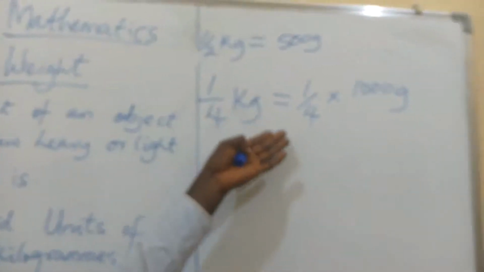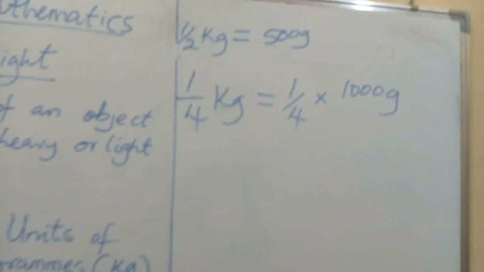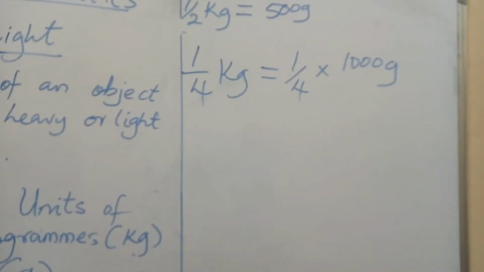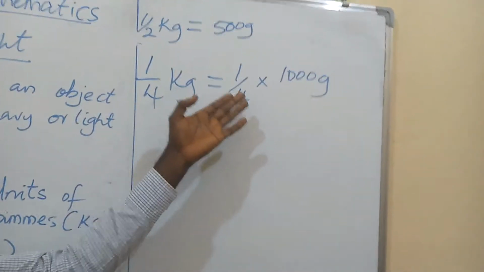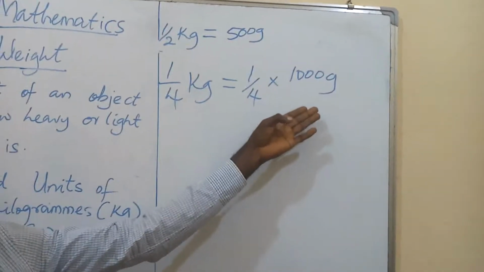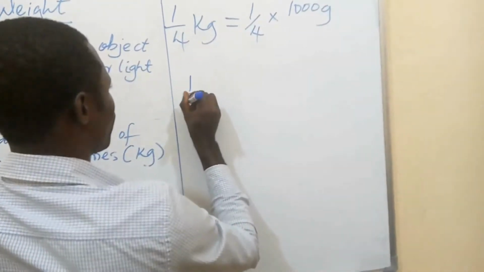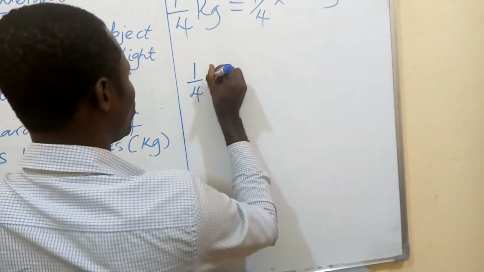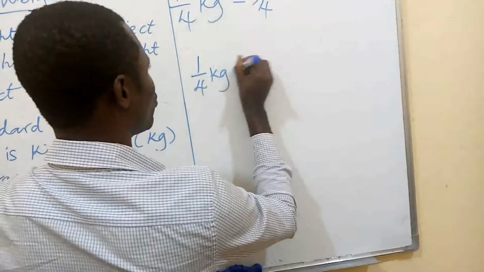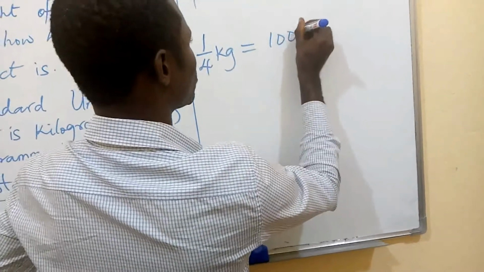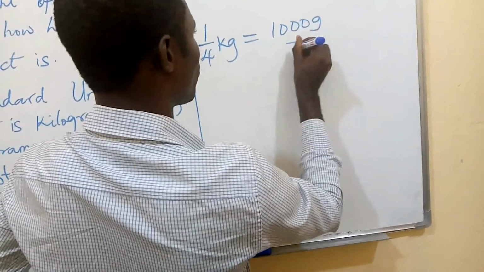A quarter of a kilogram is equal to a quarter of 1,000 grams. So this means 1,000 grams divided by 4.